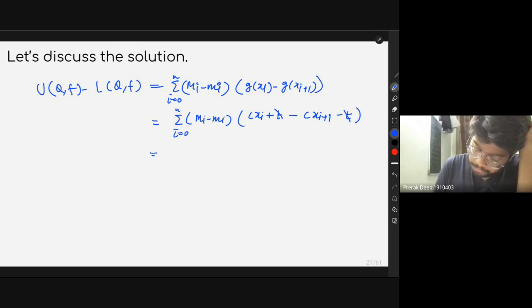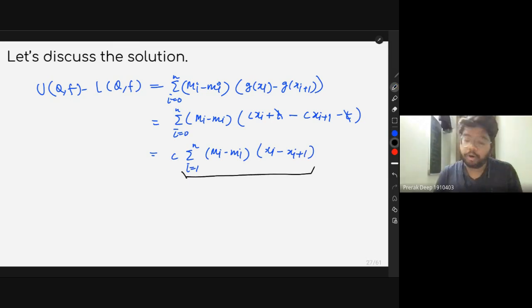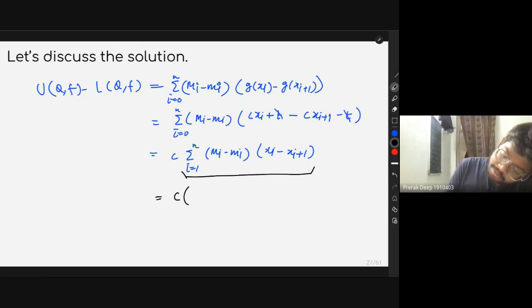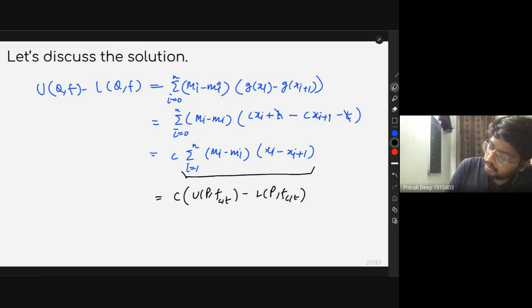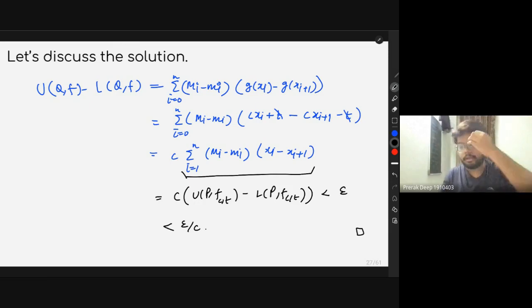You can take c out, and now whatever is remaining, this whole quantity is nothing but c times U(P,f_ct) minus L(P,f_ct), which is smaller than epsilon for this given partition P. So in particular, this whole thing is smaller than epsilon by c. So this completes your proof.